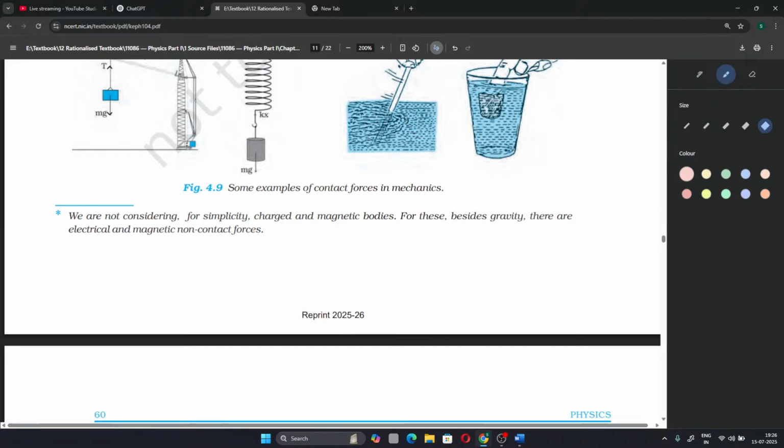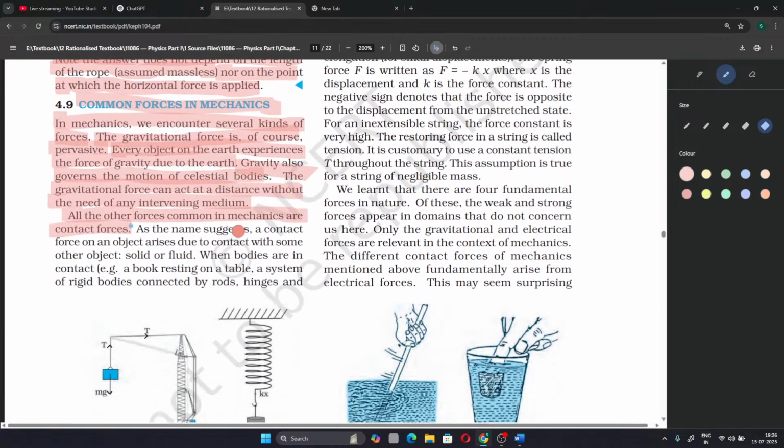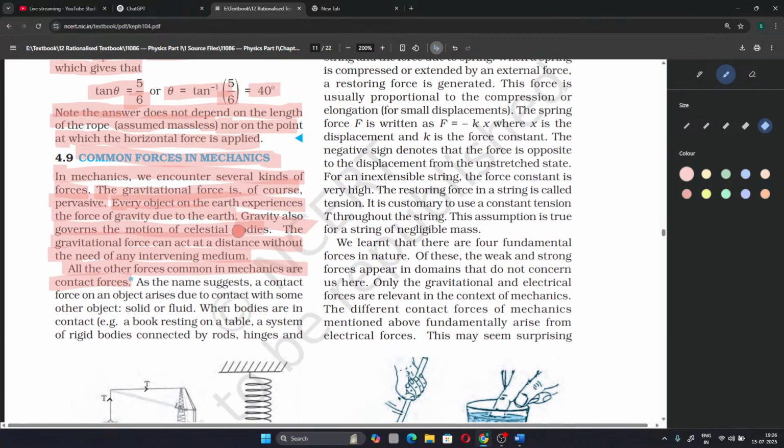We are not considering, for simplicity, charged and magnetic bodies. For these, besides gravity, there are electrical and magnetic non-contact forces. For normal bodies, where we do not consider magnetic and electric forces, which we are going to study in detail in the 12th standard, and I do have videos about them too.